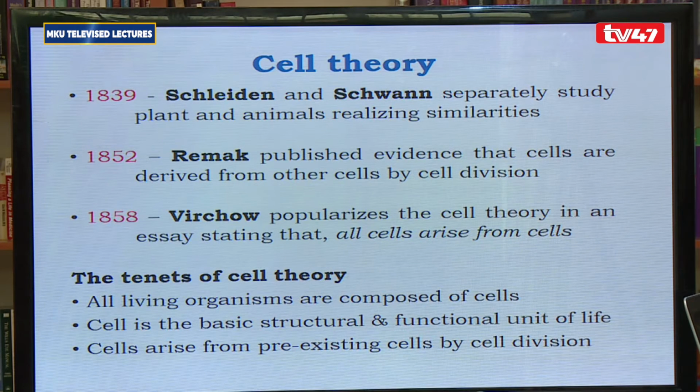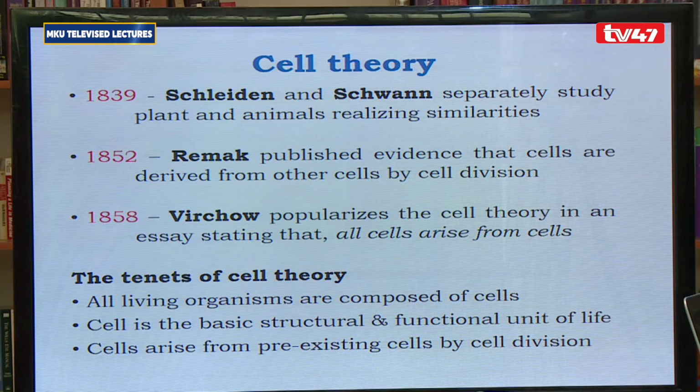Now, in 1852, a Polish scientist working in Germany known as Remak also began to study cells. He was a pathologist, and he noticed that cells were normally generated from other cells, meaning a cell would divide and create a new cell. He was able to publish that information.